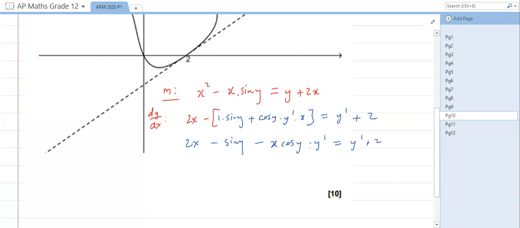We need to find what y prime is, so let's bring all the y primes over. Let me take y prime across and bring all the numbers over. Rather, we just factorize it, taking out y prime as a common factor. I have a y prime on the left hand side and a y prime on the right hand side. On the right hand side I get 1, and the minus changes into a plus, leaving x cos y with y prime.